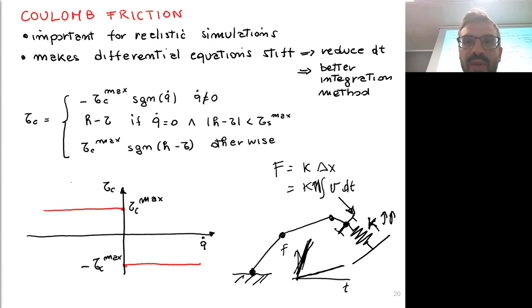Since you have both dynamics whenever you are simulating this system, the dynamics of the manipulator and the dynamics of the spring that represents the environment, your differential equations are badly conditioned to solve, because you will have some variables that change very quickly, and you will have some other variables that change more slowly. And this is an example of a stiff differential equation situation.